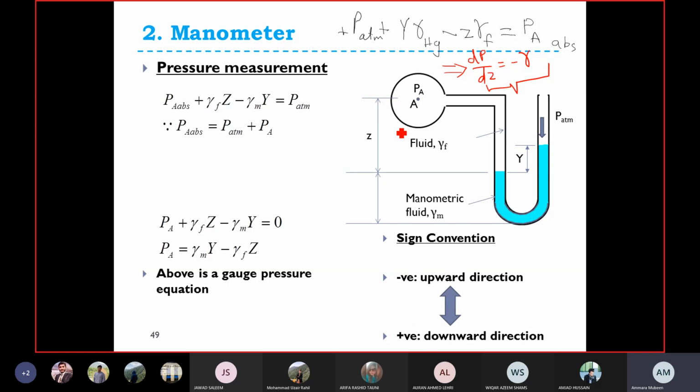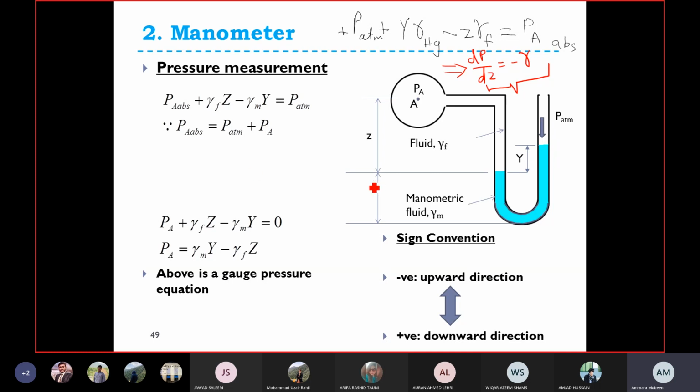You can start writing the pressure equation from any direction. Either you can start from the pipe or you can start from the open end. We must start from one side. To write the equation, we will be adding or subtracting the pressures according to the sign convention, and reach the other end.